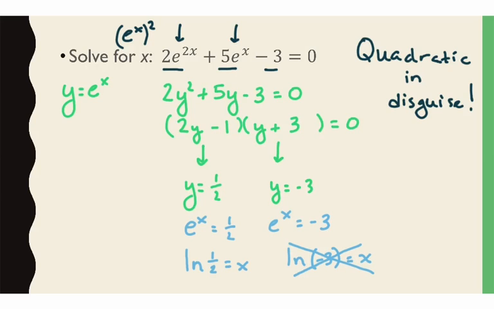But for the first part, we have natural log 1/2. Now, because the original problem was all exponentials, we don't need to worry about extraneous answers because you can put anything you want in an exponential. So the only answer we have is natural log 1/2.